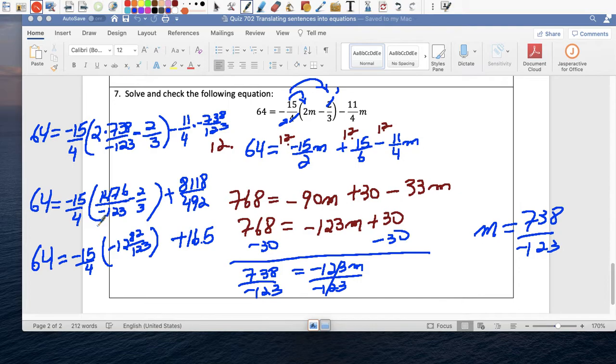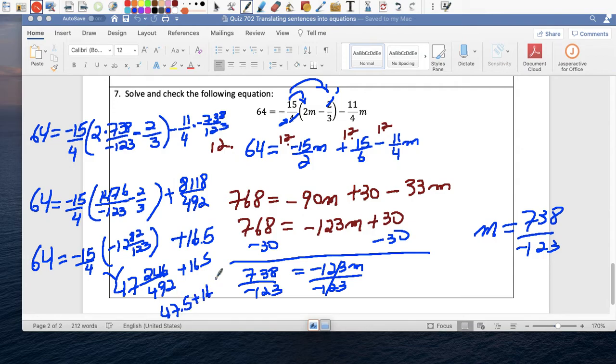Enter. Oh boy. And this whole thing gives me 47 and 246 over 492, which, if you think about it, is a half, right? 246 over 492, so that's 47 and a half, or I'm going to write 0.5.